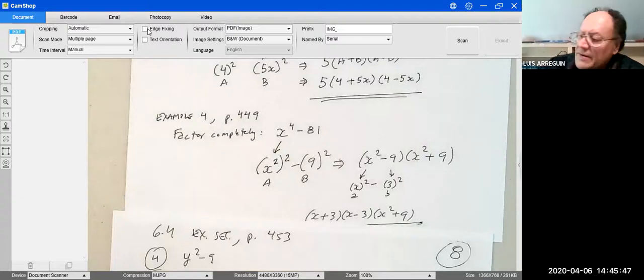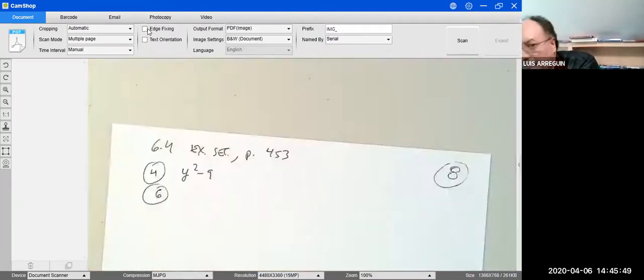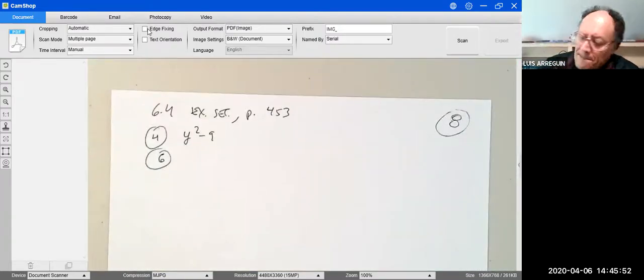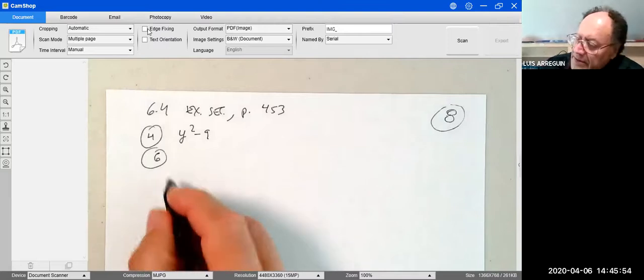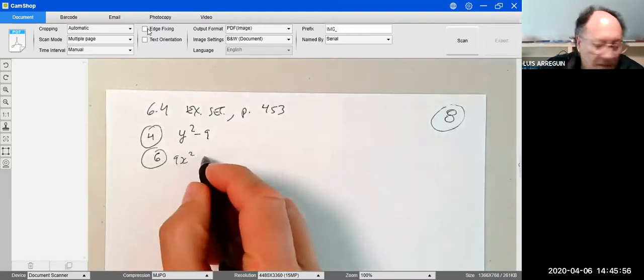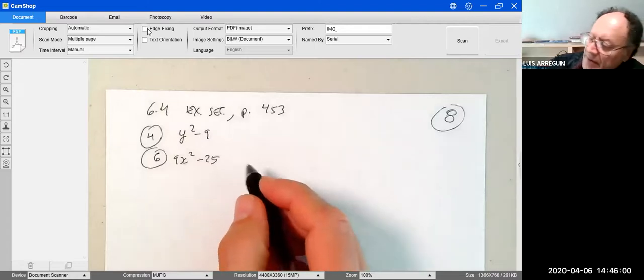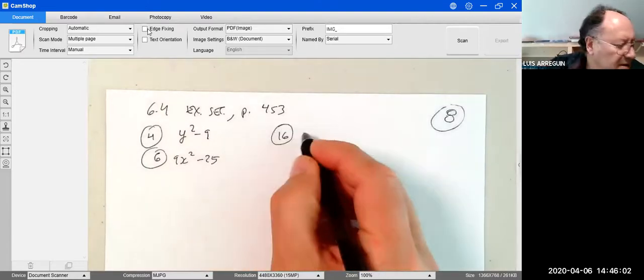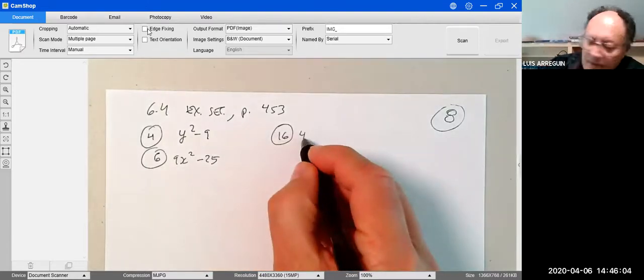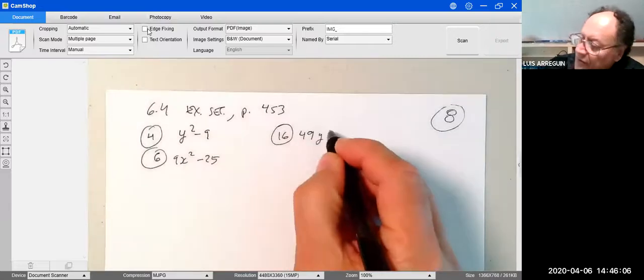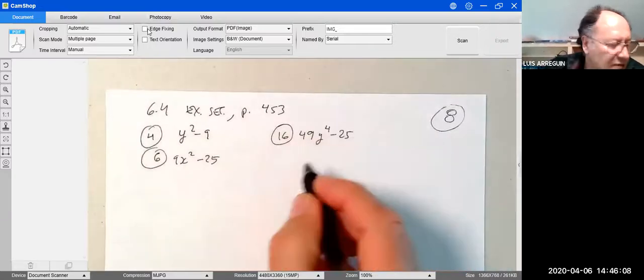Problem 6 is going to be 9x squared minus 25. Then problem 16 is 49y to the 4 minus 25.